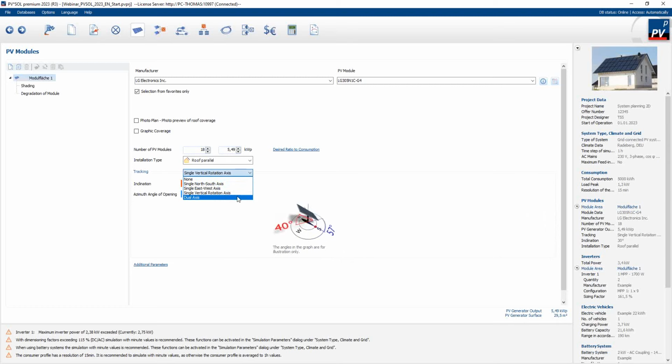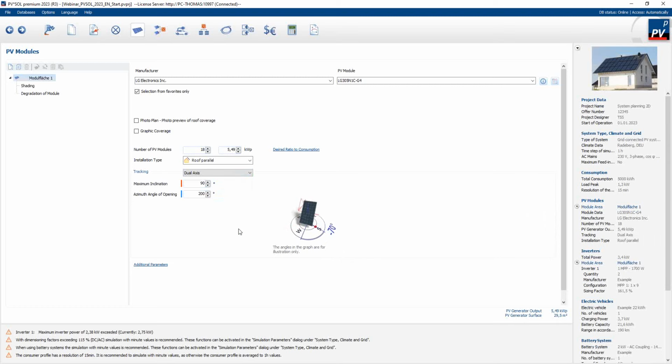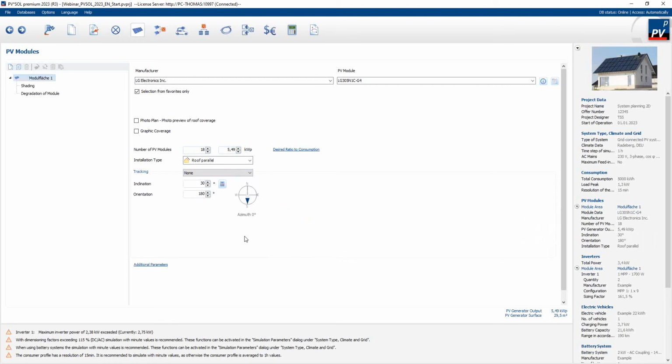And last but not least, we have the dual axis tracking where we can follow the solar elevation as well as the azimuth angle of the sun. But in our case, we have a non-tracker system, and now we come to one of these additional options.